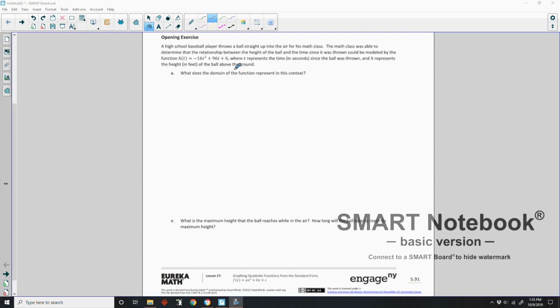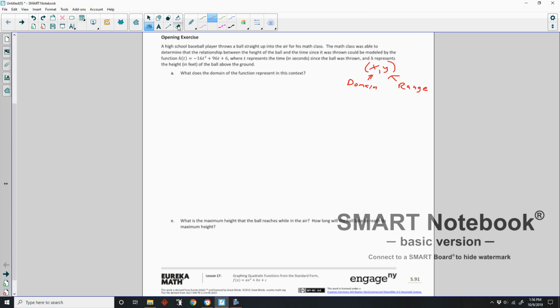So it says, what does the domain of the function represent in this context? Now remember, if we had an ordered pair, x, comma, y, the x is the domain, and the y is the range.